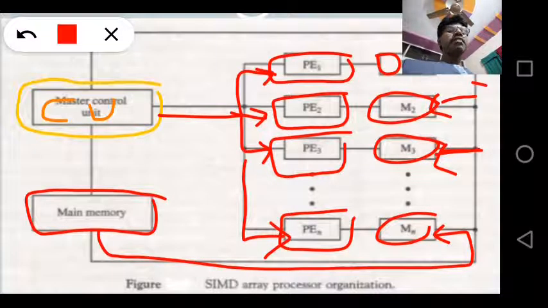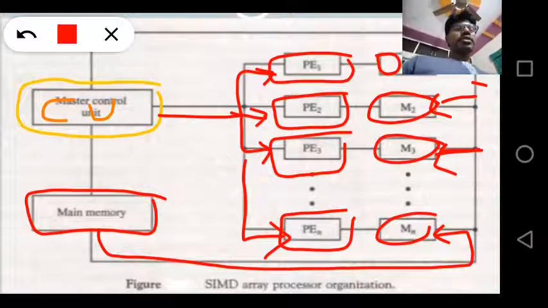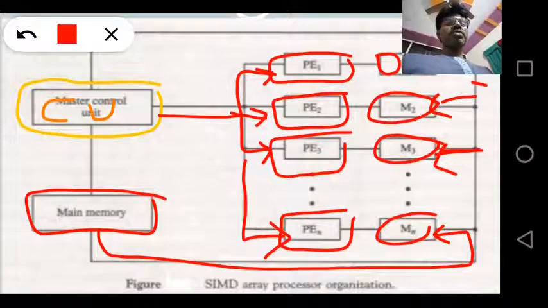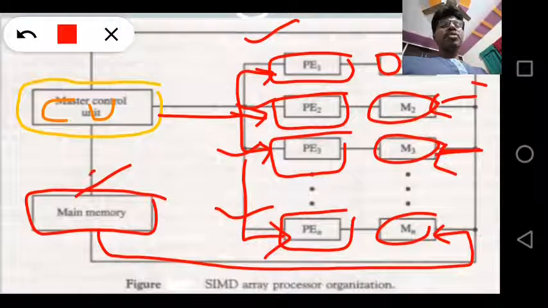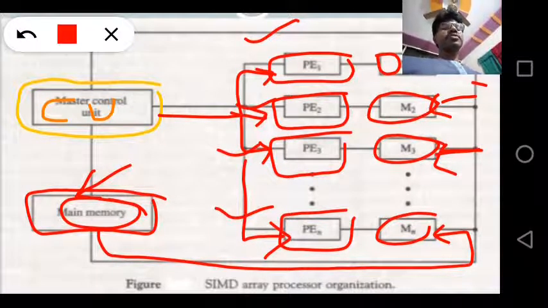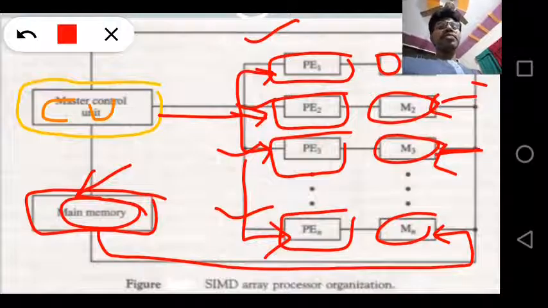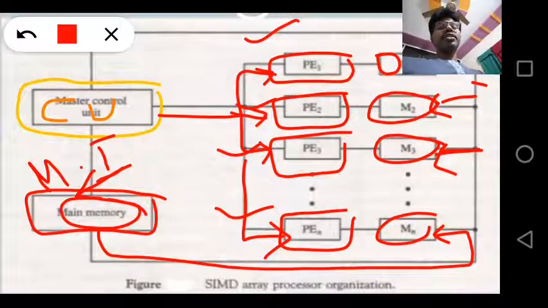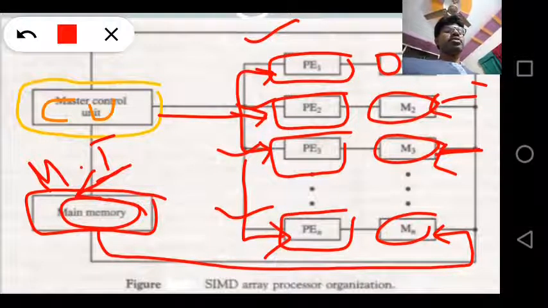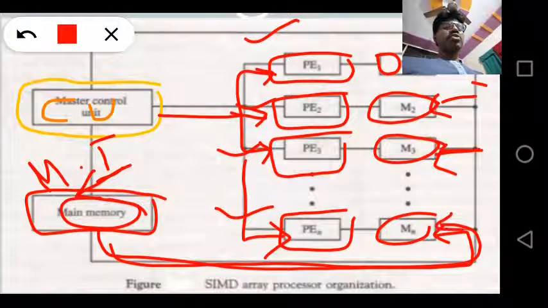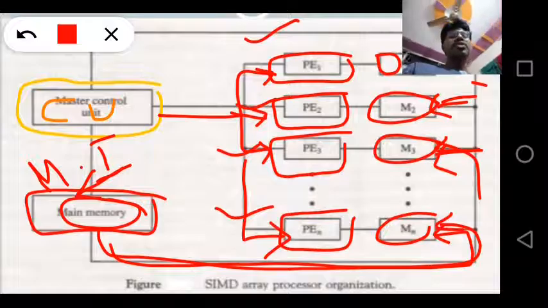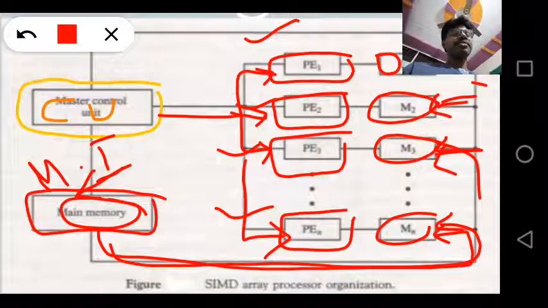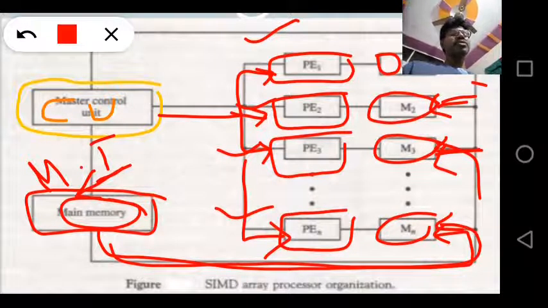Okay, you may get a doubt. Yes, we have more than one processing element. That's fine, but all should get the data from the same common main memory. So for that reason, we can implement memory interleaving in main memory, so that the words come in parallel. The processing elements are ready to process, but they can't process until they fetch the data from the memory.